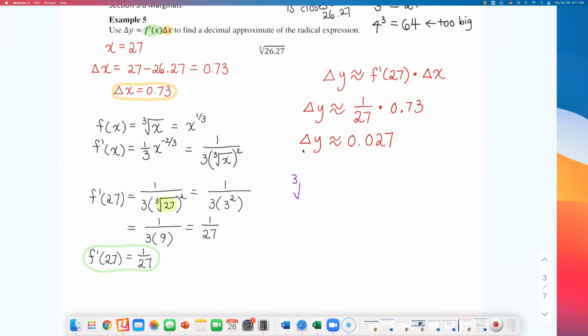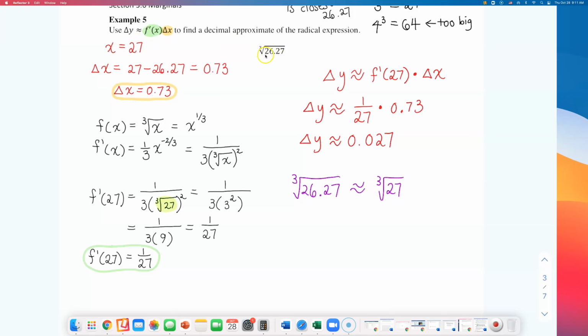All right, so let's write the final answer then. Cube root of 26.27 is approximately cube root of 27, or hold on a second. We have been adding, right? Because the numbers we picked were always smaller than the actual number in the square roots, or in this case, cube root.